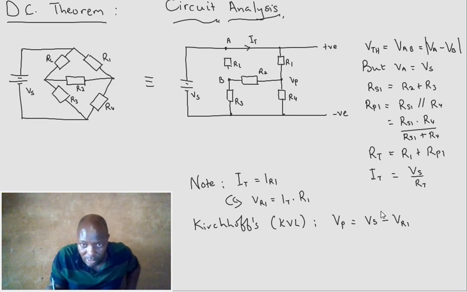Now, once we've got a value for V parallel, these two are going to share it. We want to know the voltage across R3. Why? B is across R3 and ground and negative. So we want to know the voltage at point B. VB, which we need so that we can know our VThevenin.